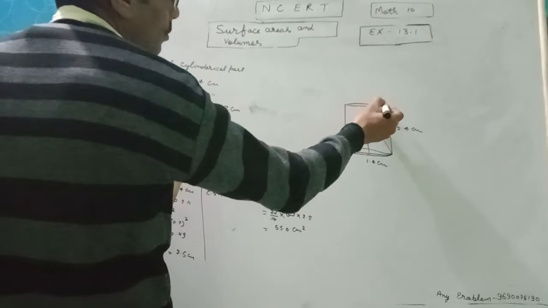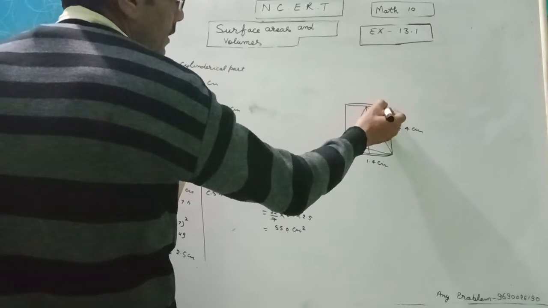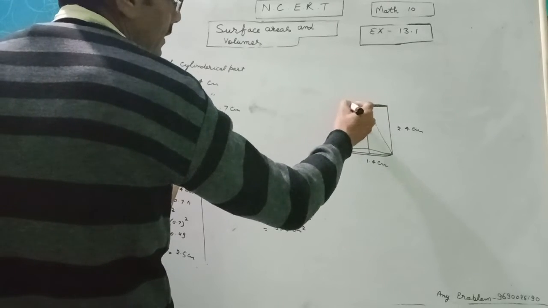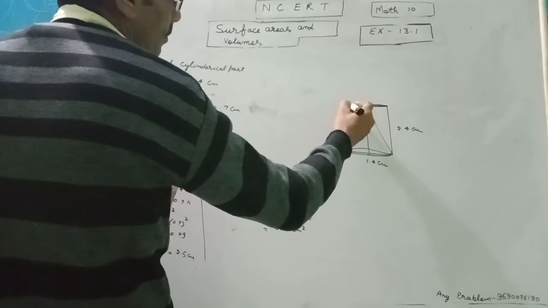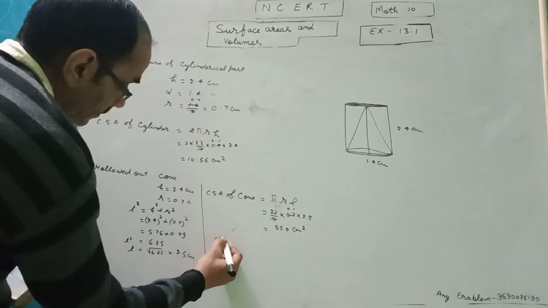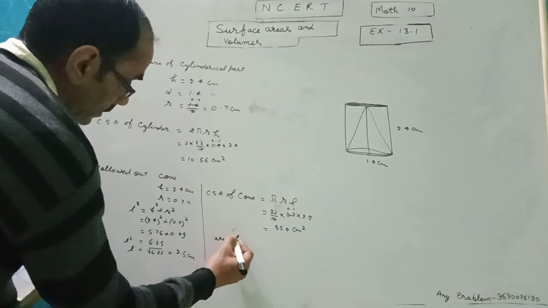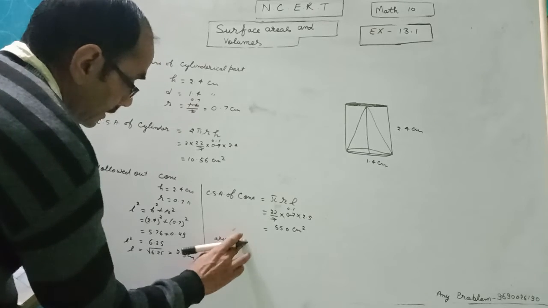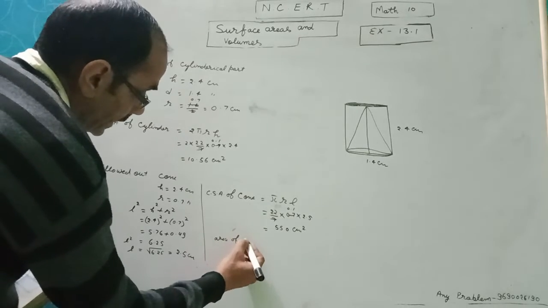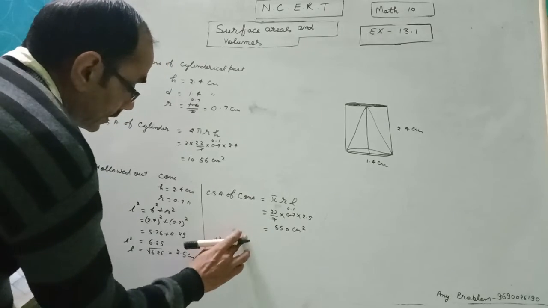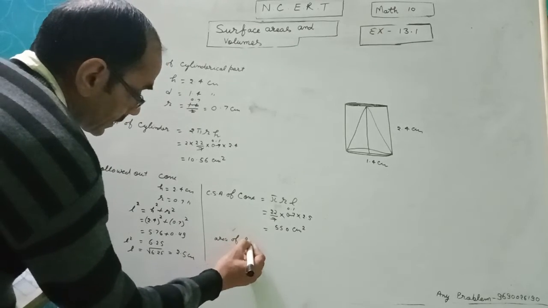This is the cone hollowed out, and this part is colored, so we find the area of the colored part: the area of the base.